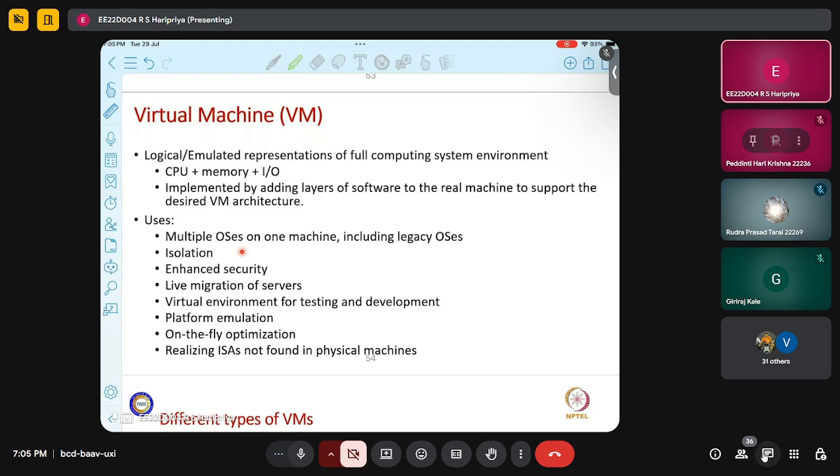We have seen hardware with the operating system on top of it, and this interface we called the instruction set architecture. For the hardware, say x86, it is called the x86 ISA. And we have seen the ABI, which is the system call interface, the boundary between the application process and the hardware.